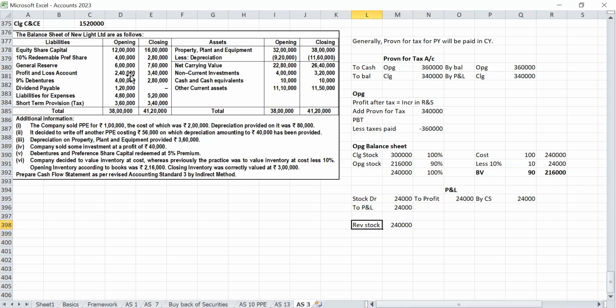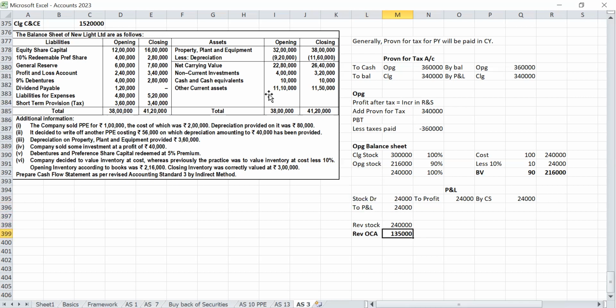2,40,000. But actual stock is not shown separately; other current assets would have included stock. So the revised other current assets will be 11,10,000 plus the increase of 24,000. Because in the 11,10,000, the 2,16,000 stock is already there, we should increase only this 24,000.